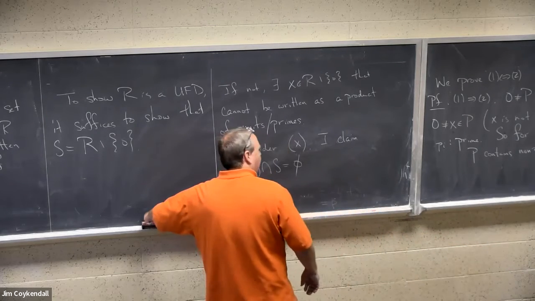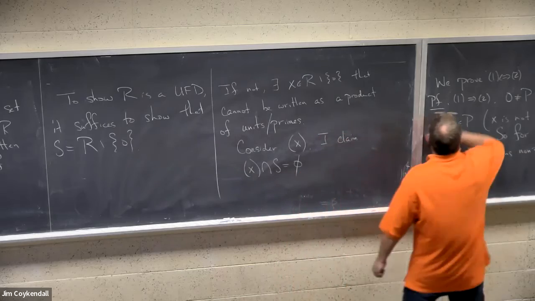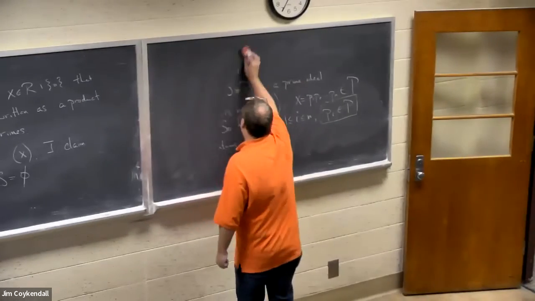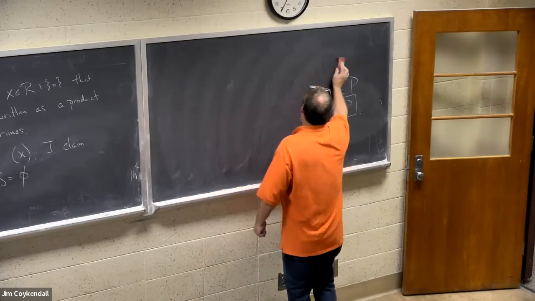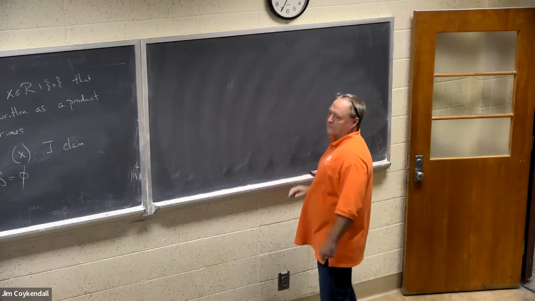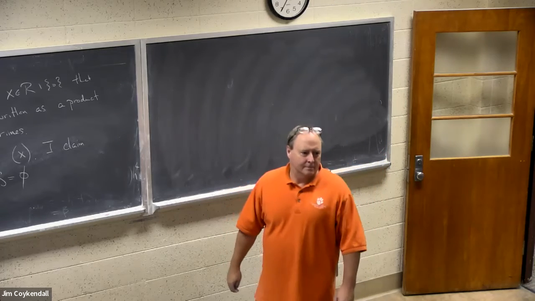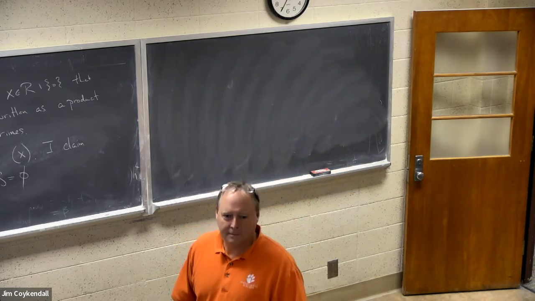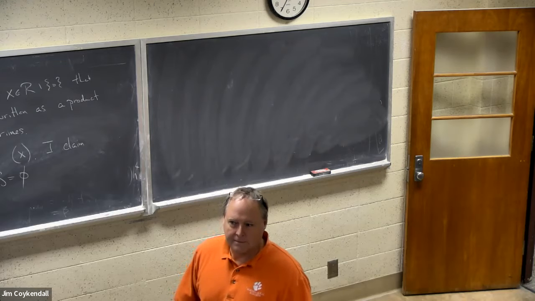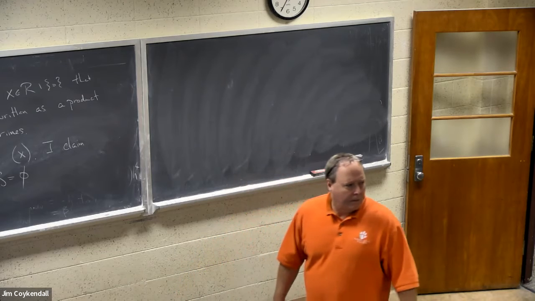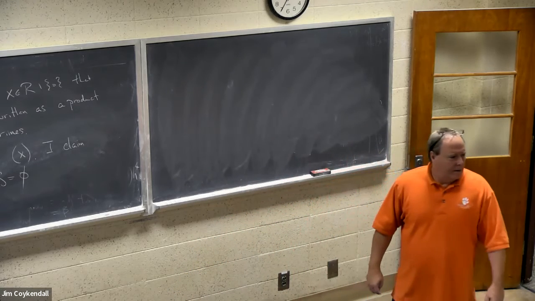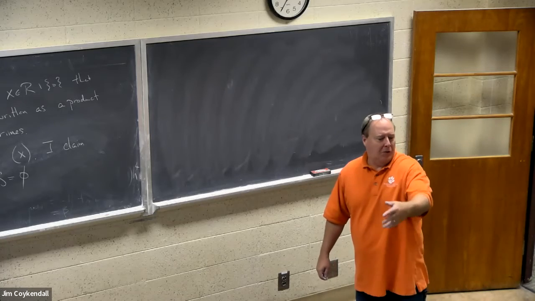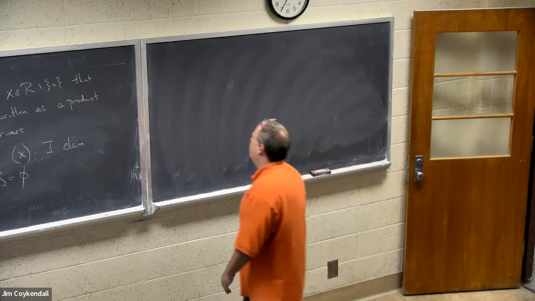Anybody recall why? Having a multiple of X, since S is prime, this... someone doesn't have to divide X. That's right, you went through the proof, that's exactly right.